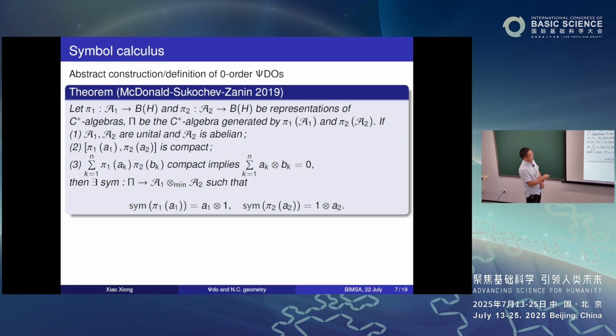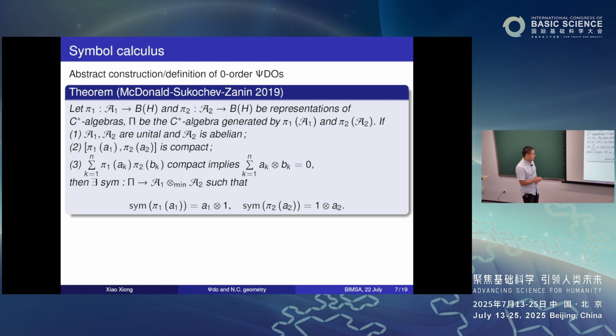We are given two algebras, A1 and A2, and two representations which represent these two algebras on the same Hilbert space. We assume that they are unital, and that at least one of them is commutative. We require that the commutators of elements in A1 and elements in A2 are compact.